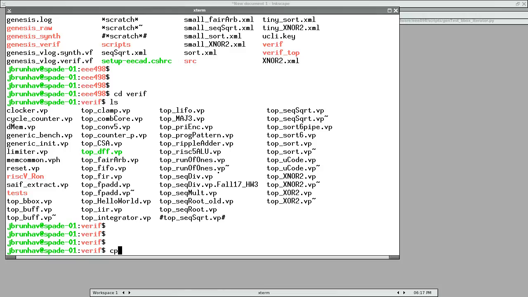So what we're going to do is copy top under prior encode to top under static priority dot VP.